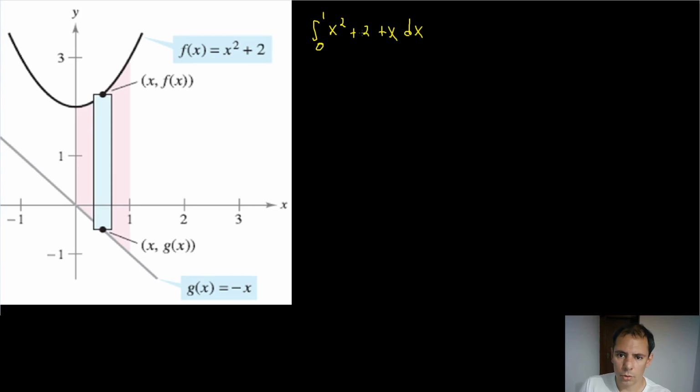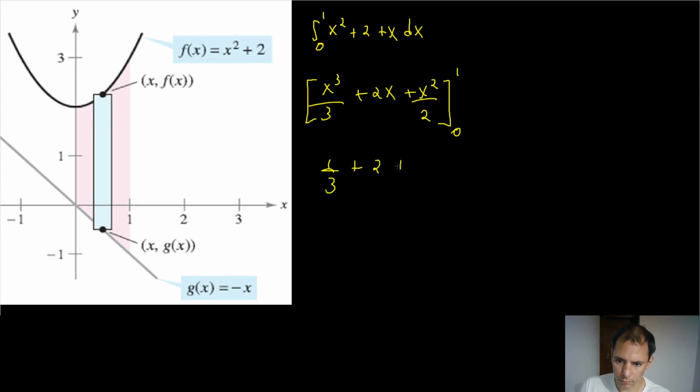Integrating that, you're going to have x cubed divided by 3 plus 2x plus x squared divided by 2, and then you have to do from 0 to 1. If you put a 0, you're going to zero all this out, so just worry about the 1. So you have 1/3 plus 2 plus 1 divided by 2.